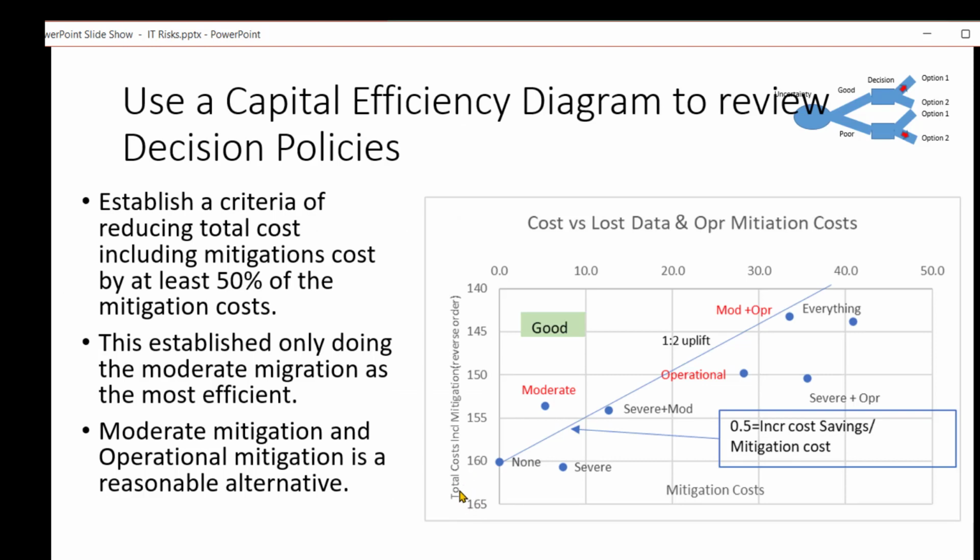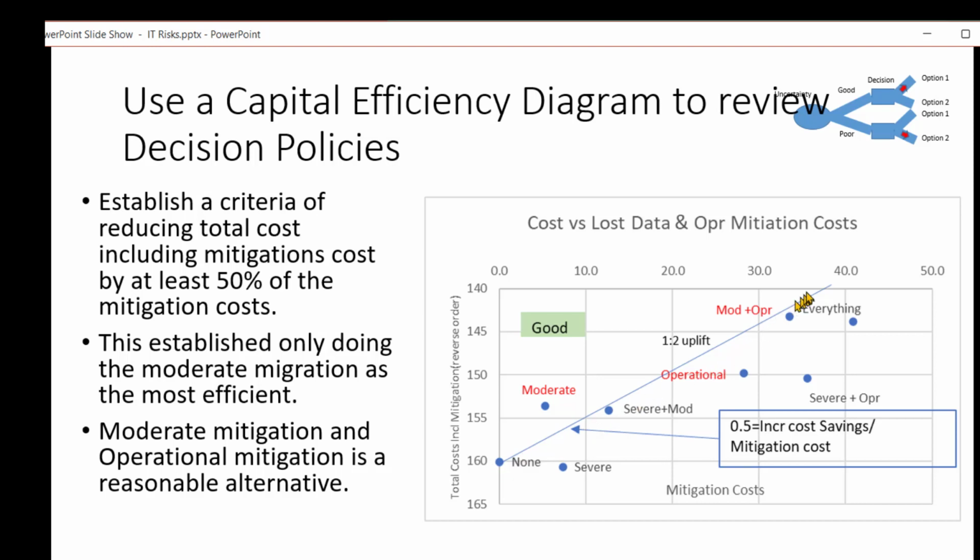And then I established a criteria. It was my criteria. Your criteria might be different. But I said, for every dollar I invest in mitigation costs, even including the mitigation costs, I need to reduce my total risk by a half. So this is total cost savings divided by the mitigation costs.